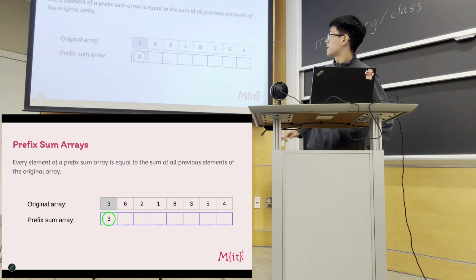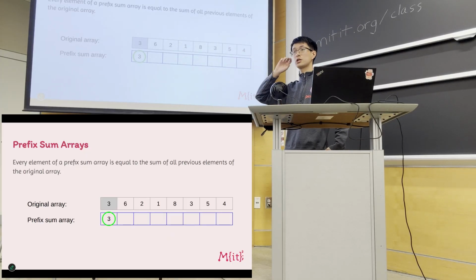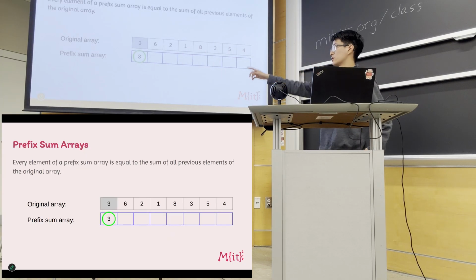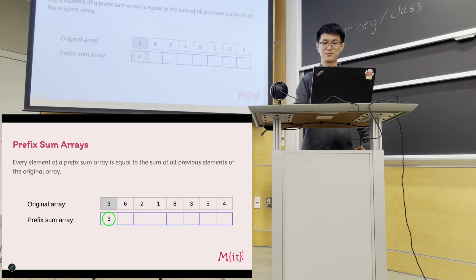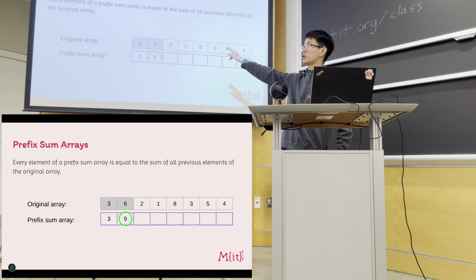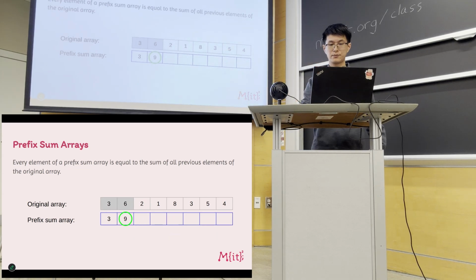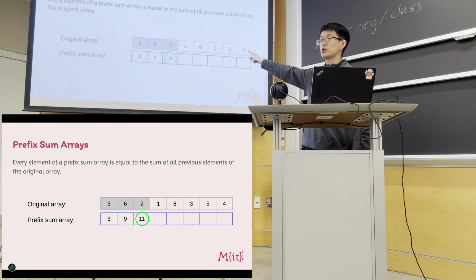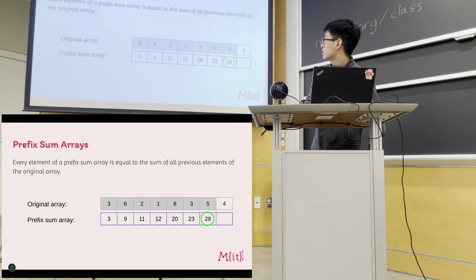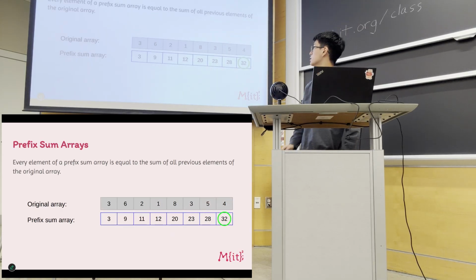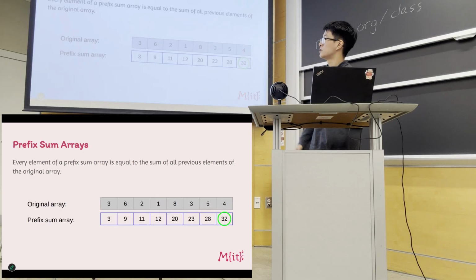For example, the first element in our prefix sum array will have 3, because the sum of 3 is 3. Then the next one, 3 plus 6 is 9, so we put a 9 there. Next one, 3 plus 6 plus 2 is 11, so we put 11 there. In general, every element in our prefix sum array contains the sum of everything at or before its index.